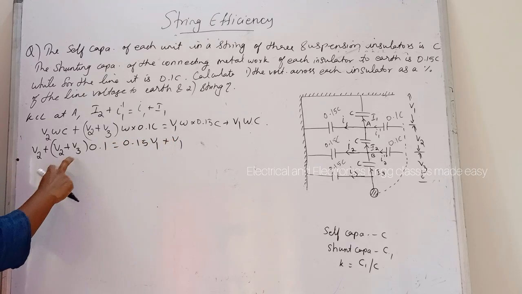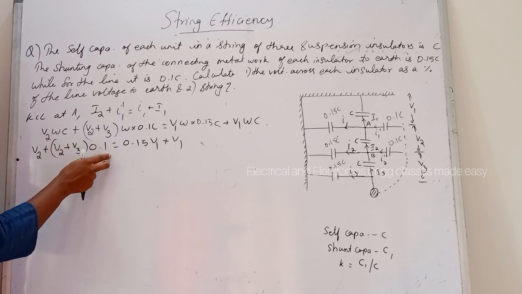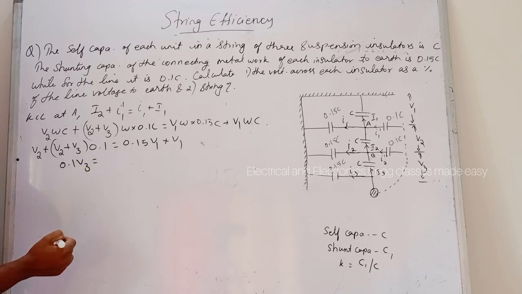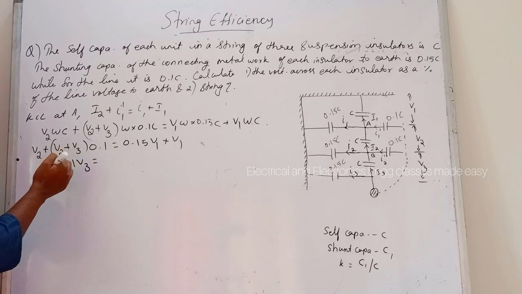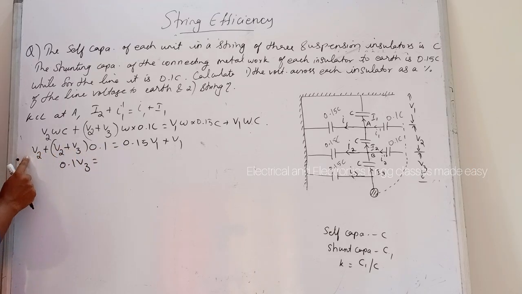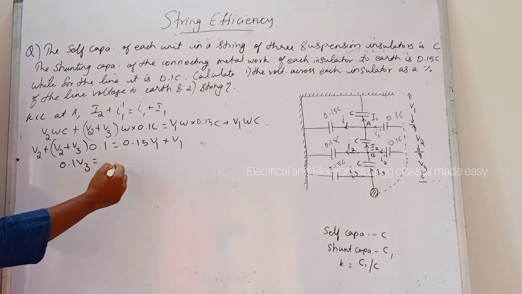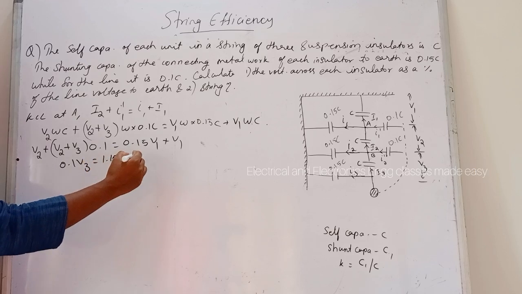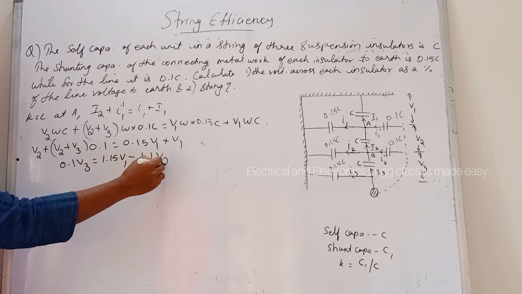Now we can rearrange this and we will get 0.1 V3 is equal to, here V2 is on one side and 0.1 V2 is on the other, so we get 1.1 V2 and also 1.15 V1 minus 1.1 V2.